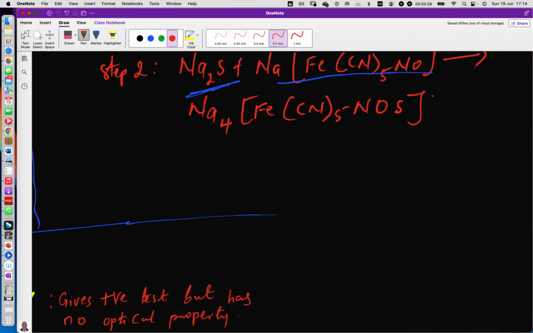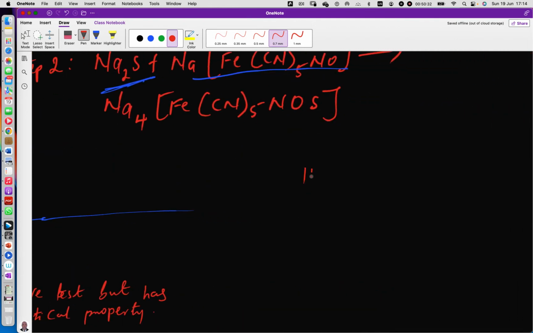When hydrogen cyanide goes in solution, it is going to give hydrogen plus a cyanide ion. This cyanide is going to come in as a nucleophile.